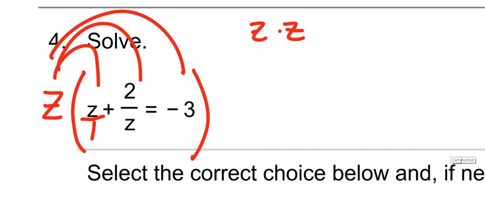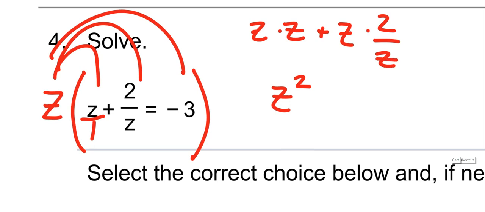Z squared. How about z times 2 over z? That's just going to be 2, right?